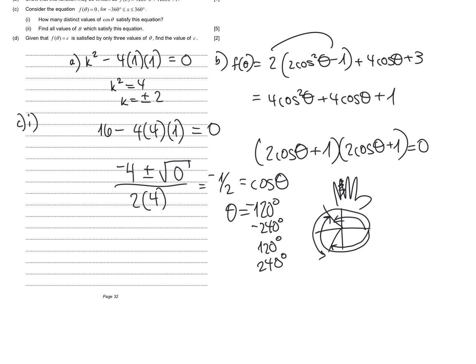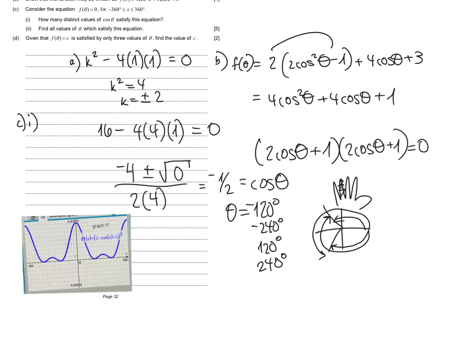All right, so given that f at theta equals c is satisfied by only 3 values of theta, find the value of c. So we need to graph this thing and find when it's got 3 solutions. Okay, so this is the graph between negative 360 and 360. We want 3 solutions. So here it's going to have, oh yeah, it's just here.